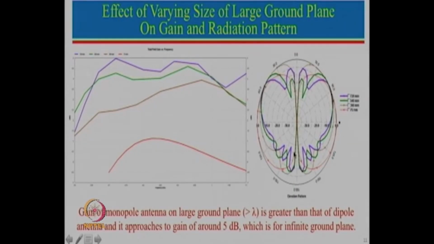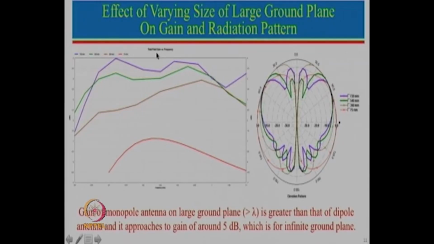For the relatively smaller ground plane, this is the radiation pattern, which is similar to a figure of 8, but as we increase the ground plane radius, one can see that the pattern is now getting skewed up. There is relatively less radiation on the back side, and the beam maxima is not in this direction anymore. The beam maxima is changing over here, and you can see there is a shift in the beam maxima.